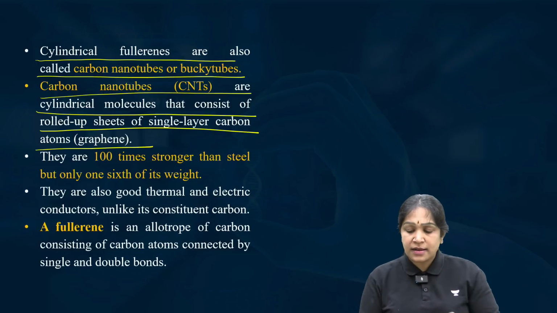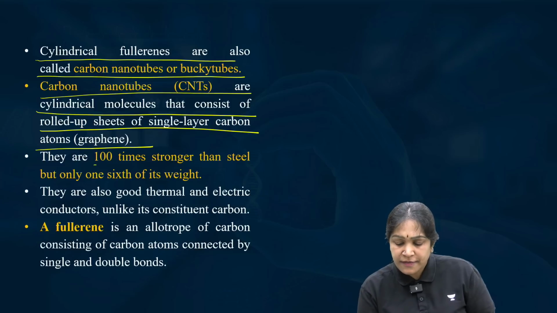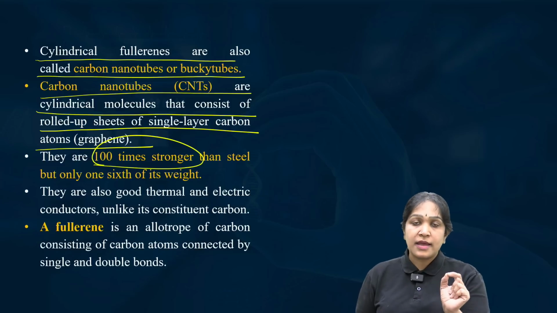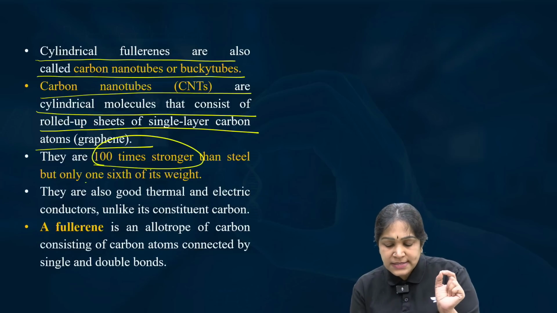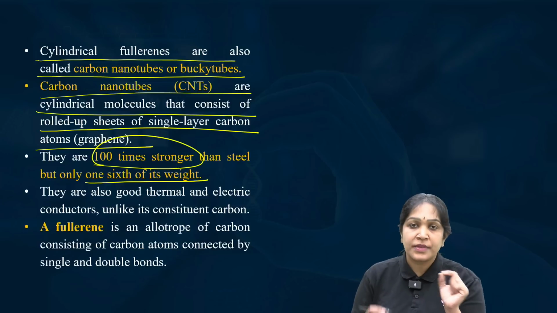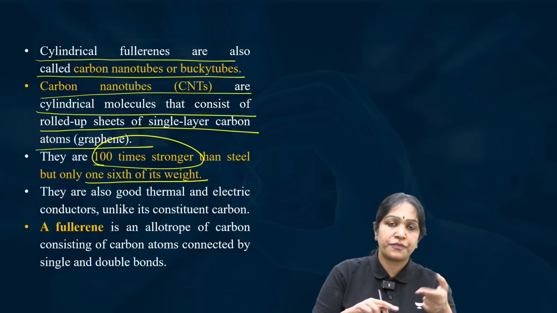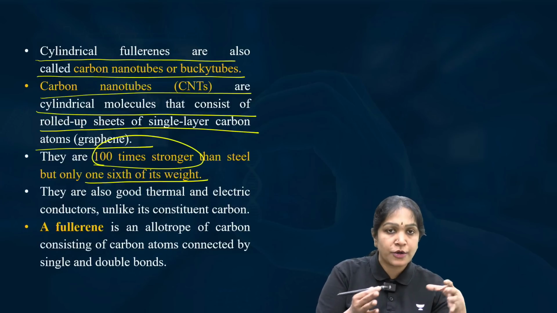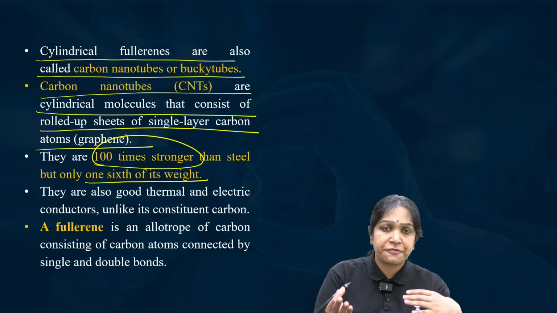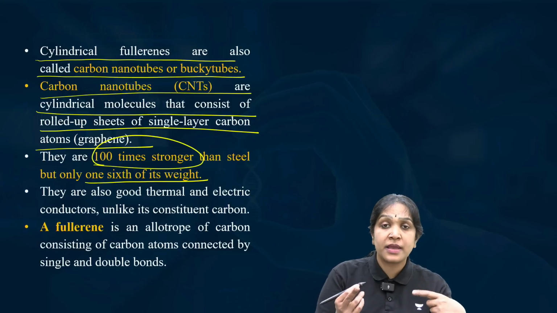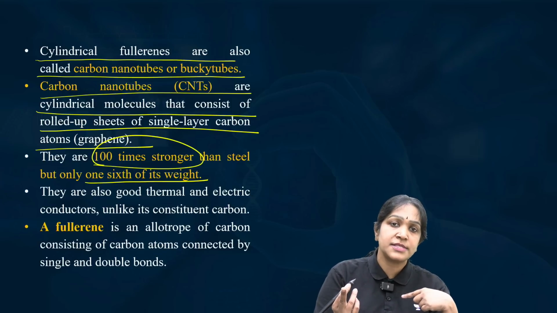Okay, these are 100 times stronger when compared to steel at a weight of 1/6 of the steel. If you take carbon nanotubes or a graphene sheet at 1/6 the weight of steel, it will be 100 times stronger than the steel.